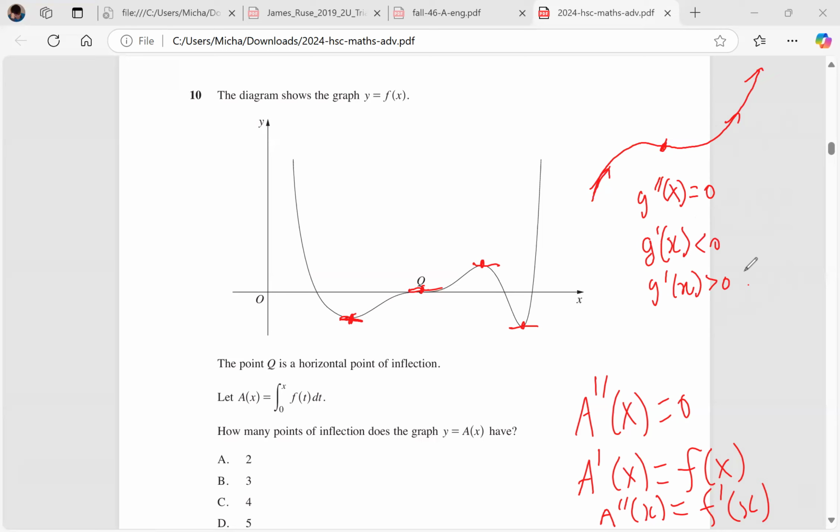So the first derivative now is just f. So if f is changing signs, right, that's confusing.